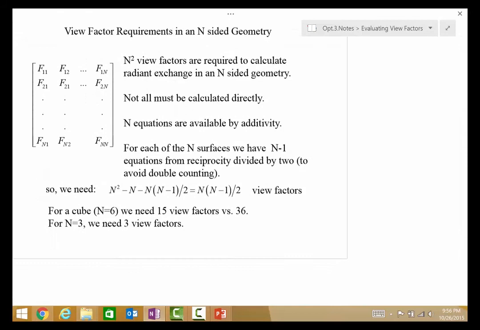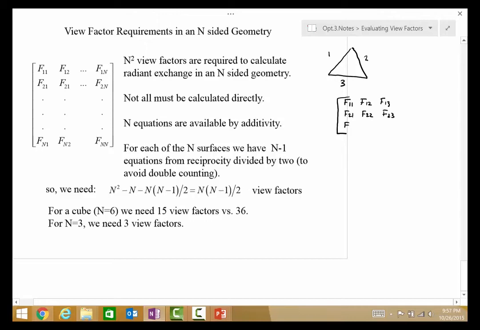In general, when you have multiple-sided enclosures, you have a lot of view factors. Even in a simple three-sided enclosure, with surface 1, surface 2, surface 3, sometimes we like to think about the view factors in terms of a matrix: F11, F12, F13, F21, F22, F23.